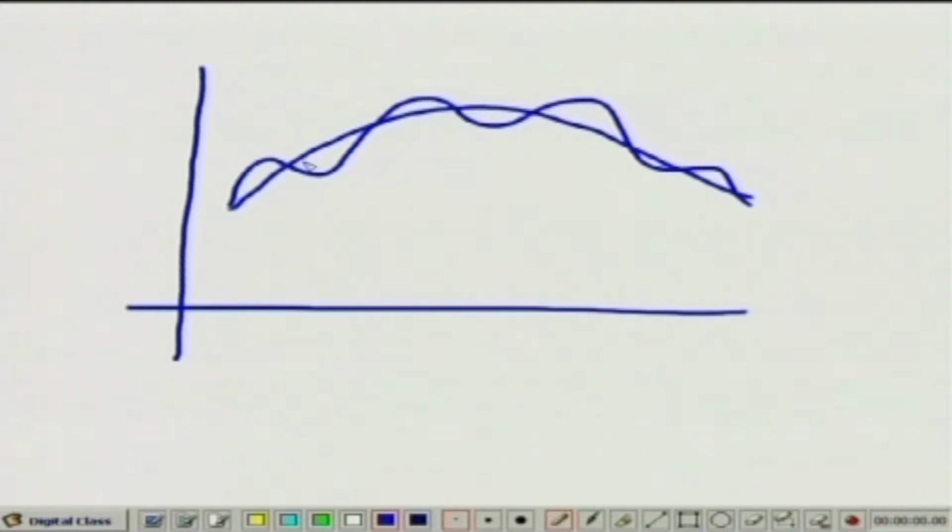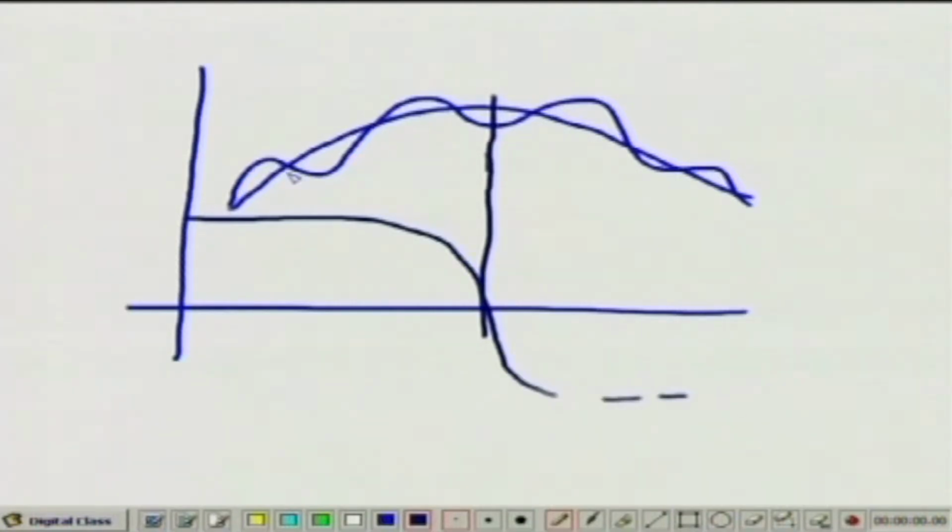Now if you take the derivative of this signal, what will happen? The derivative of the low frequency original signal will remain positive up to this point, will slowly fall and then will become negative here. The derivative around this is going to be positive, then will fall to 0 and then become negative.